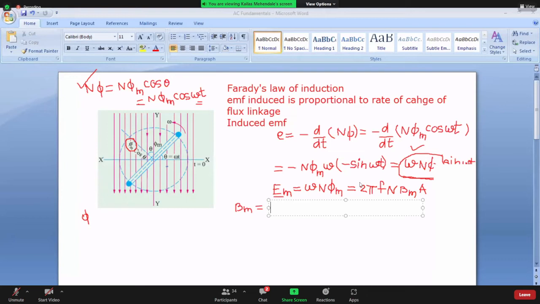Now Bm is nothing but maximum flux density, and the unit is Weber per meter square.